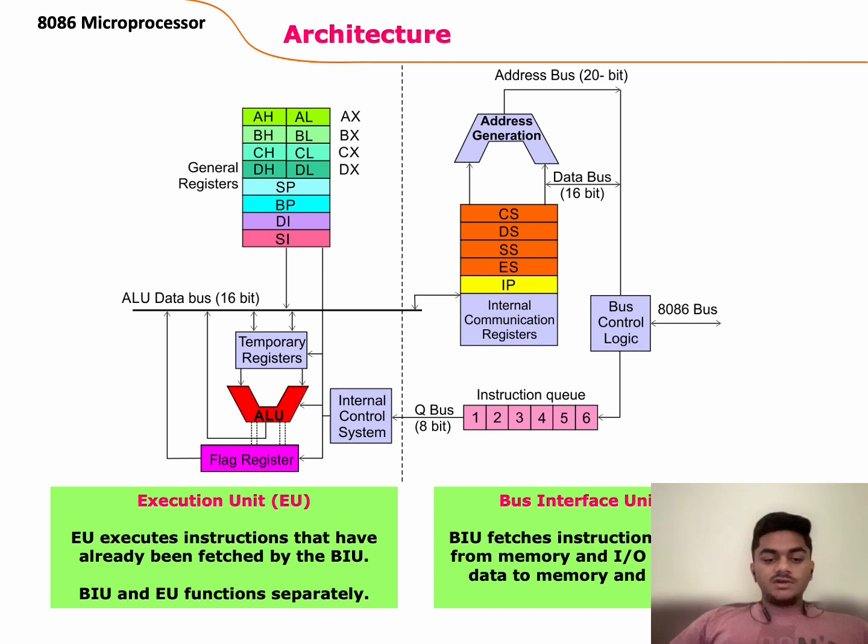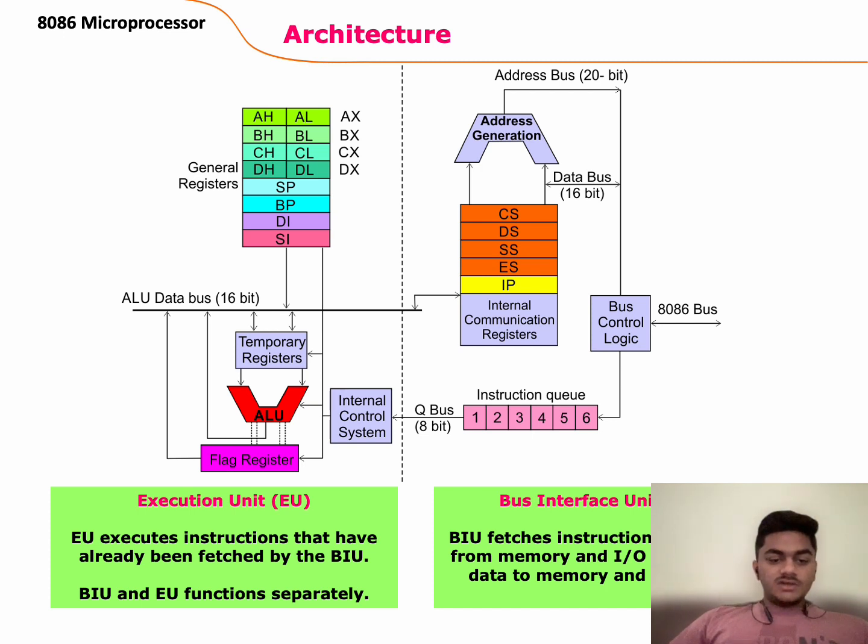The first instruction passes to the internal control system and is executed in the ALU. Then the second becomes the first, and after the first execution, the second goes to the internal control system and ALU and is executed. So time complexity is lower because of the queue bus system.